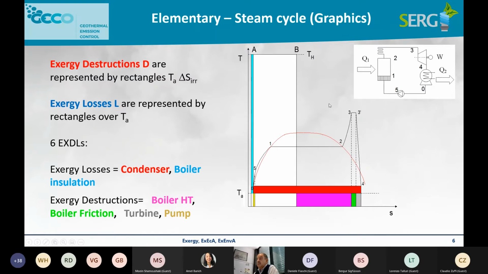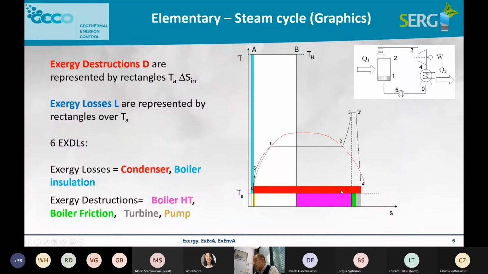And this is a very simple example which shows a graphical representation, which is quite interesting. This is a very simple steam power plant, but it is interesting to see that all Exergy destructions are represented by rectangles which have a height T of the environment, and the base of the rectangle is the entropy generation in the irreversibility, while all Exergy losses lie on the upper side of the reference temperature.